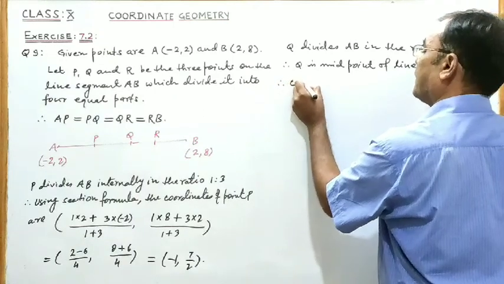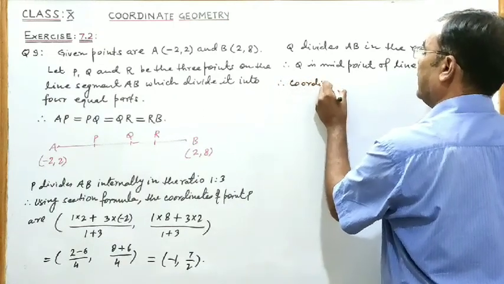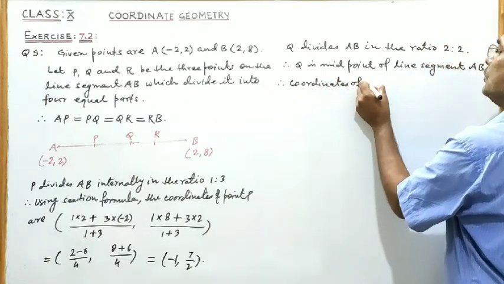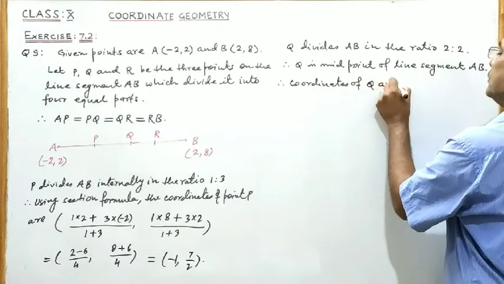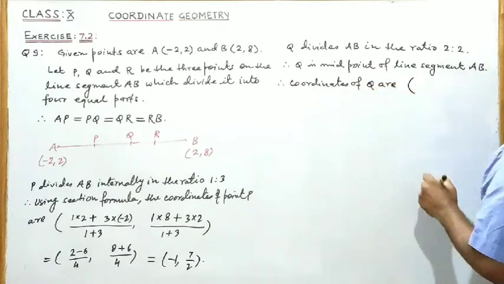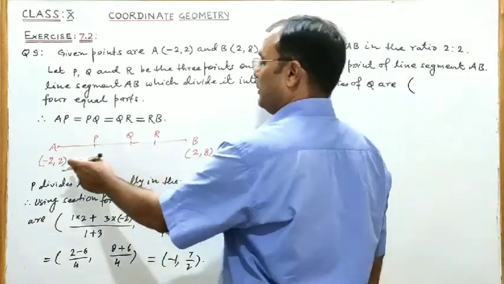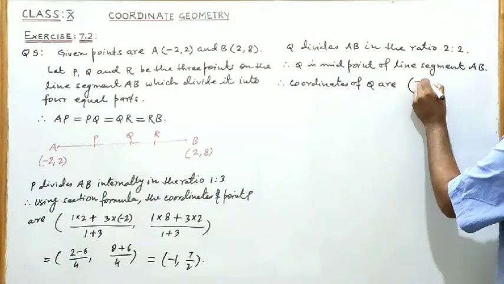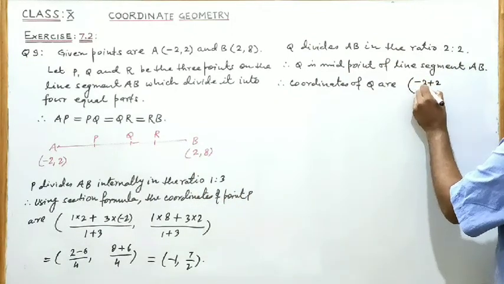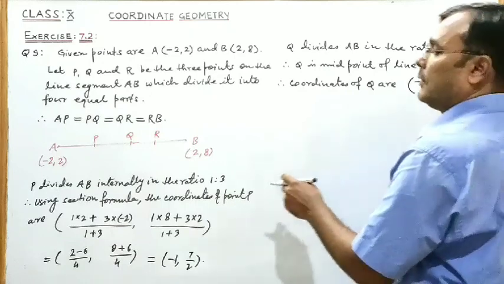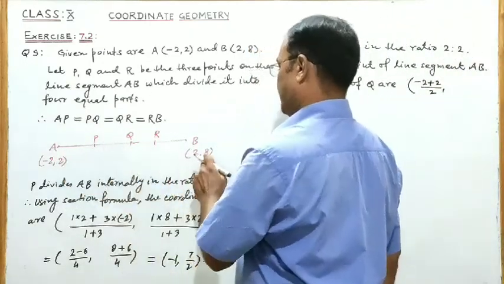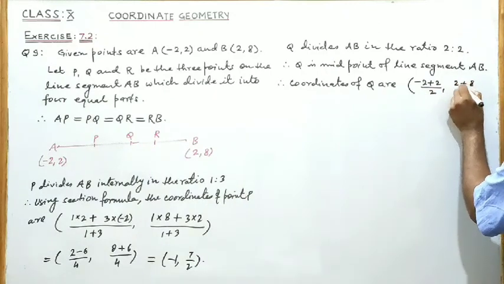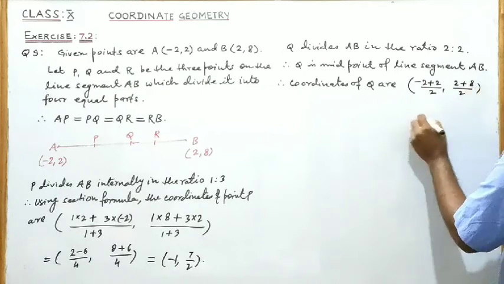Therefore, coordinates of Q are (x1 plus x2) by 2, (minus 2 plus 2) by 2, (y1 plus y2) by 2, (2 plus 8) by 2.